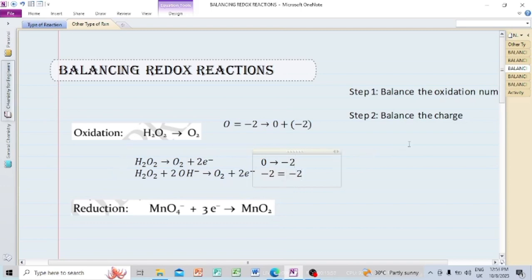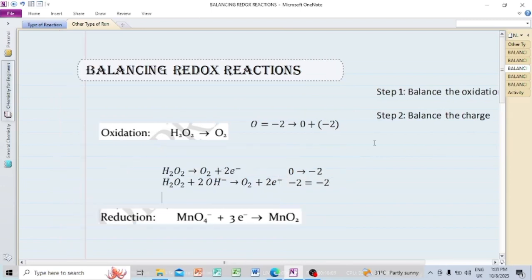So, step 3. The step 3 is to balance na natin yung atoms na involved dito. So, step 3, since we added hydroxide ion on the reactant side, we will add water on the product side. Di ba? Sabi natin, if we add hydroxide ion sa kabilang side, mag-add tayo ng water sa kabilang side. So, in this particular example, we added hydroxide ion here. So, mag-add din tayo dito ng water.